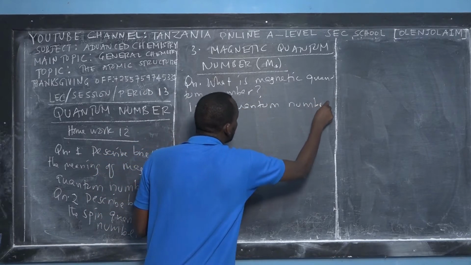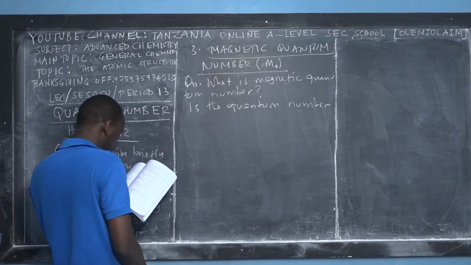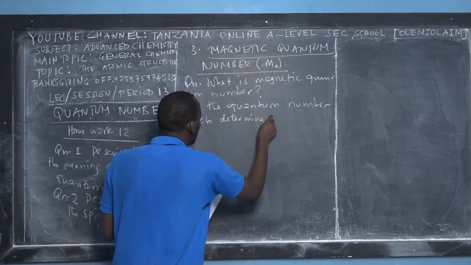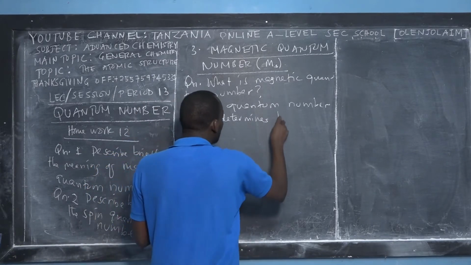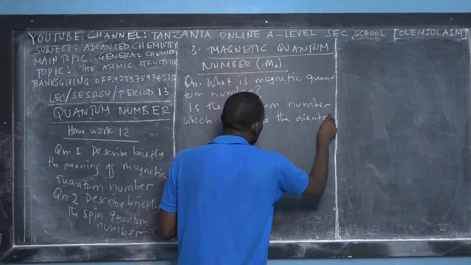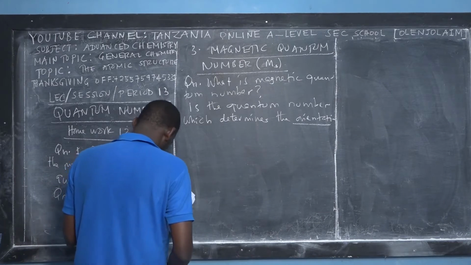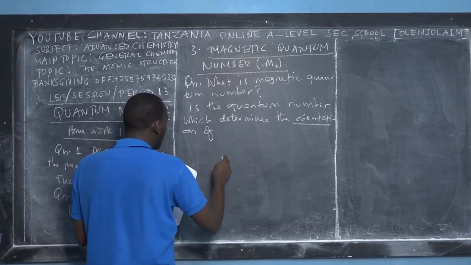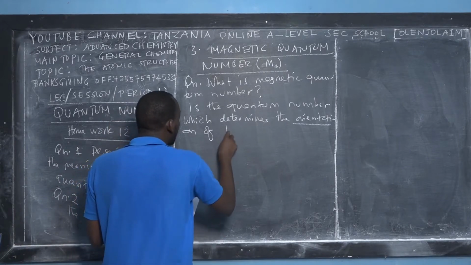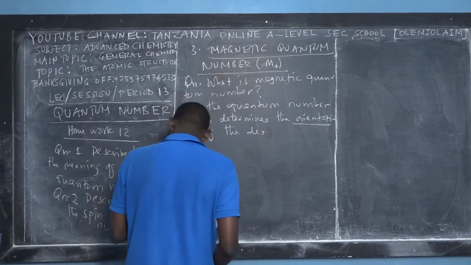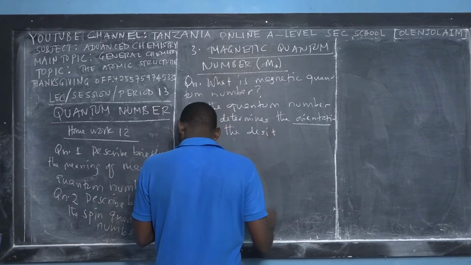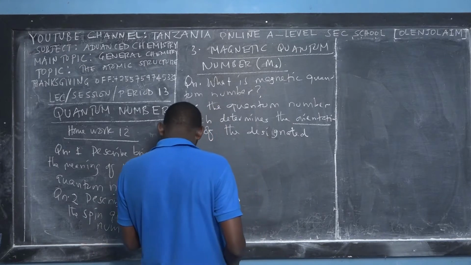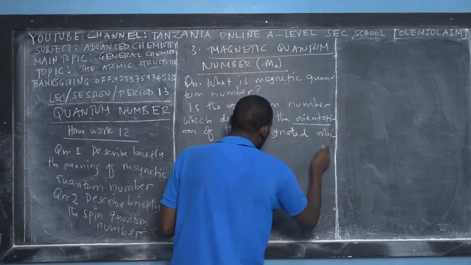which determines the orientation of the electrons in the designated orbital.